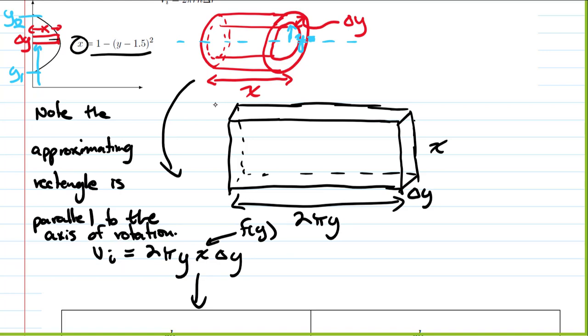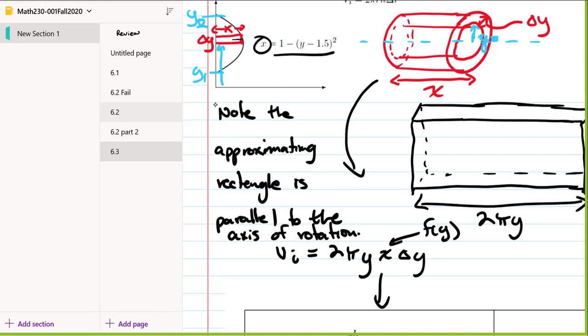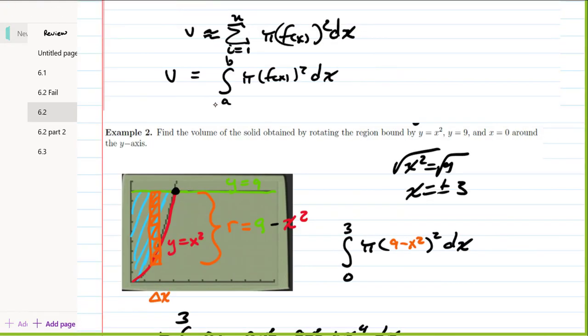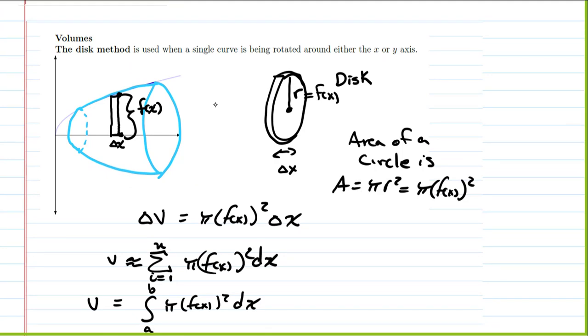If we look back at 6.2, when we did our discs or washers, if we look at our approximating rectangle in this example for the disc method, we're rotating about the x. With discs and washers, the approximating rectangle is perpendicular.